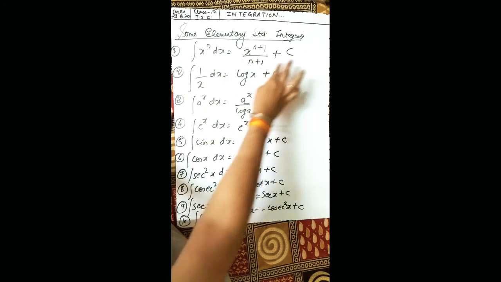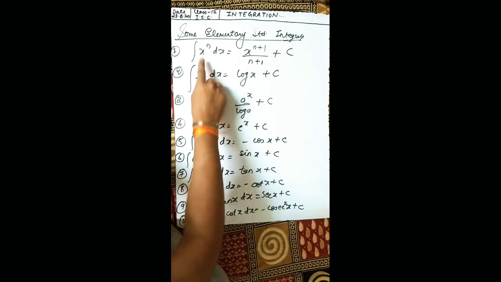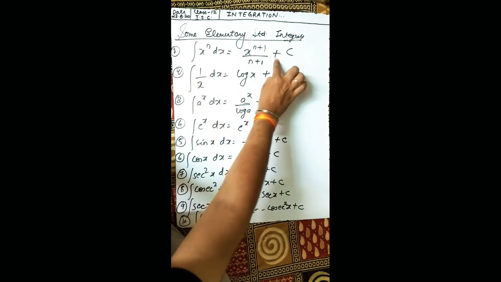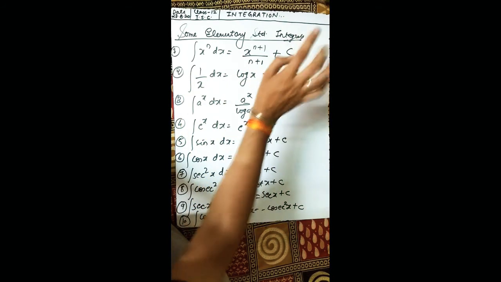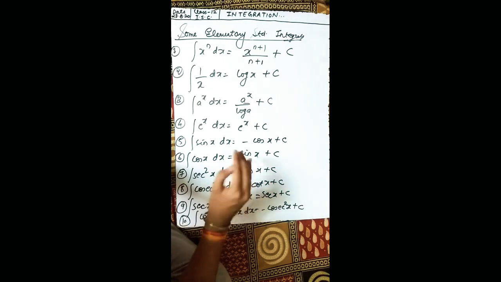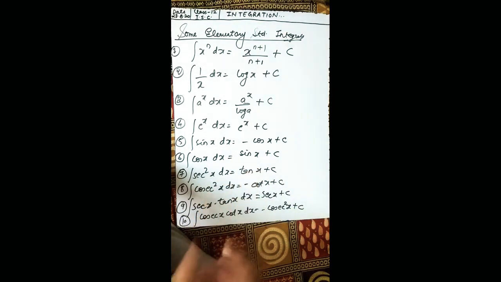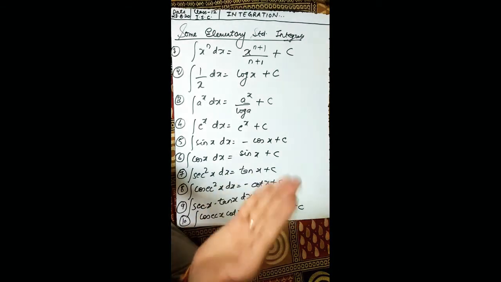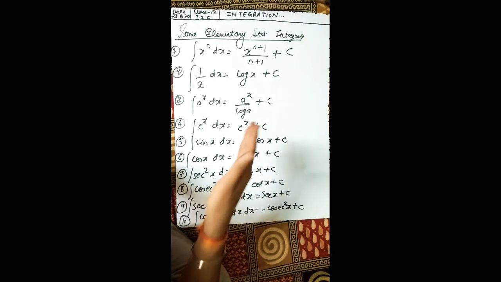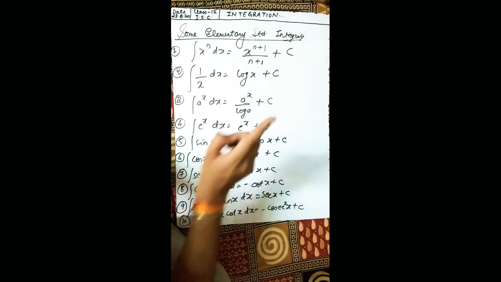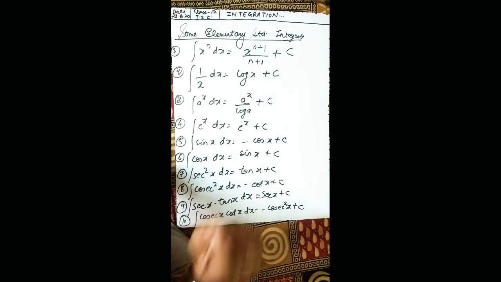See, I skipped a very important thing. Whenever you integrate anything, we put plus c, which means this c is a constant of integration. So in indefinite integrals, mind it, everywhere we integrate we put plus c. This plus c means this is some integration constant.